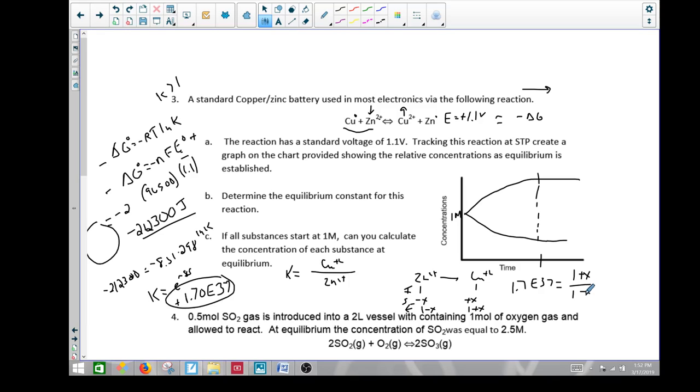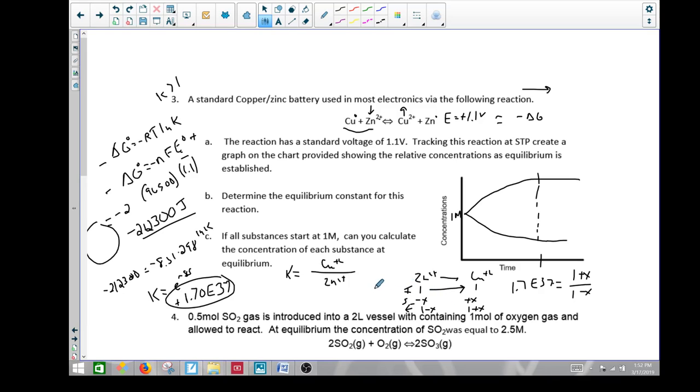Essentially, now we can solve this out. All you have to do is plug this in, distribute, and then get all your x's on one side, all your non-x's on the other. But this has a very large K value, so almost all of this flips to here. So x is going to be very close to 1.